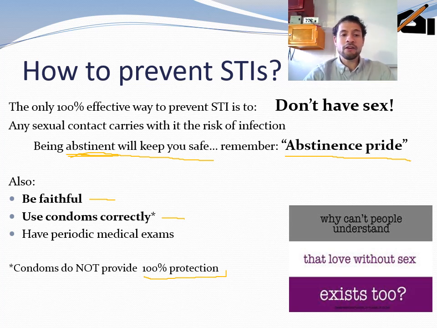Okay, and another thing that will help us be safe is having periodic medical exams. What does that mean? Going to the doctor often. Okay, they recommend we go to the doctor every 6 months or every year to get general checkups to make sure that we are not having anything bad inside our body. As I mentioned before, some infections may take years to develop symptoms, to develop the disease.